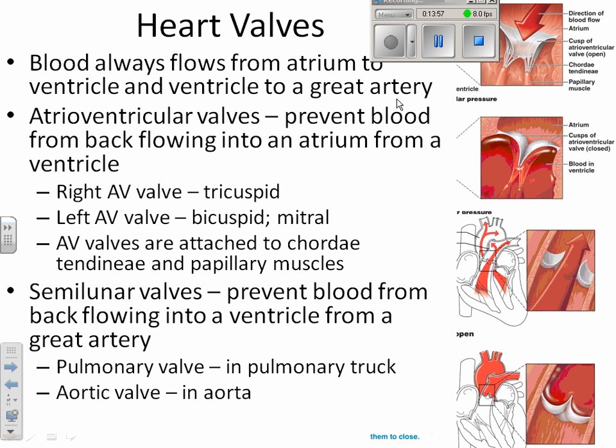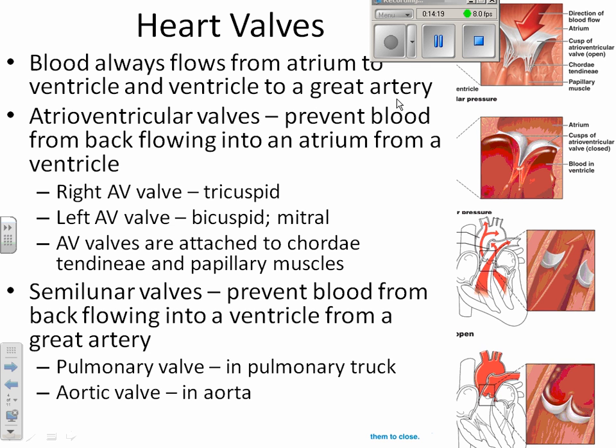Then the blood leaves the right ventricle. It leaves the heart through the what? Pulmonary arteries, and which valve prevents backflow? The pulmonary valve. It then enters the right and left lungs, where it receives more oxygen and becomes oxygen-rich.